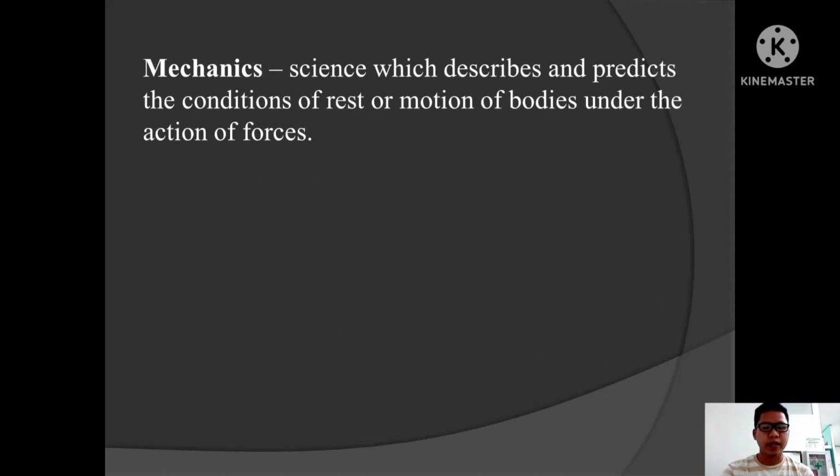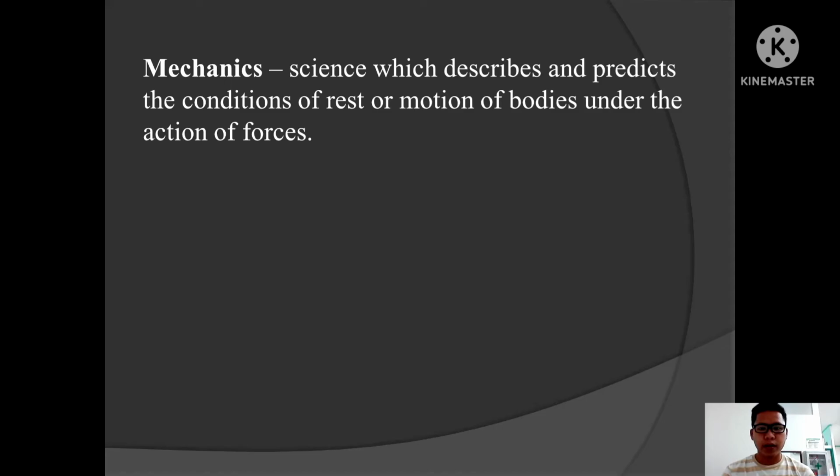The next one is mechanics. Mechanics describes and predicts the condition of rest or motion of bodies under the action of forces. Another definition of mechanics is a branch of physical sciences that deals with energy and forces and their effect on bodies.